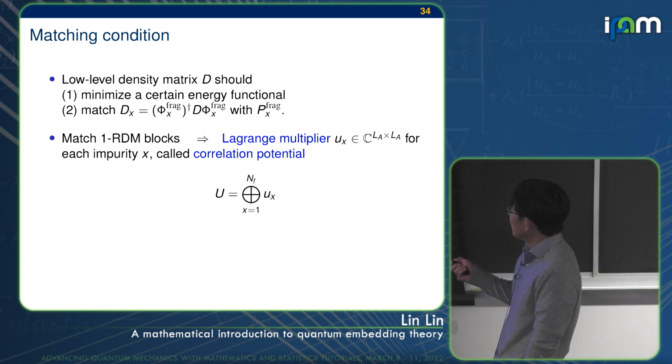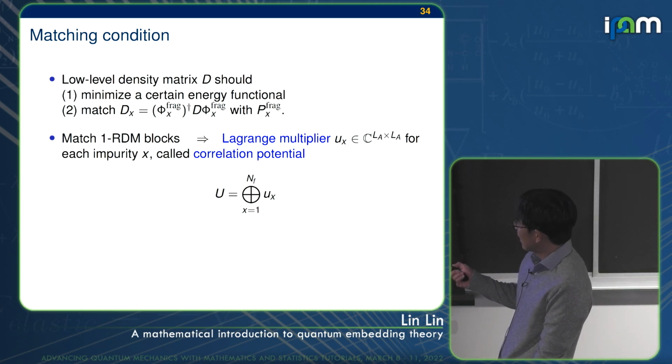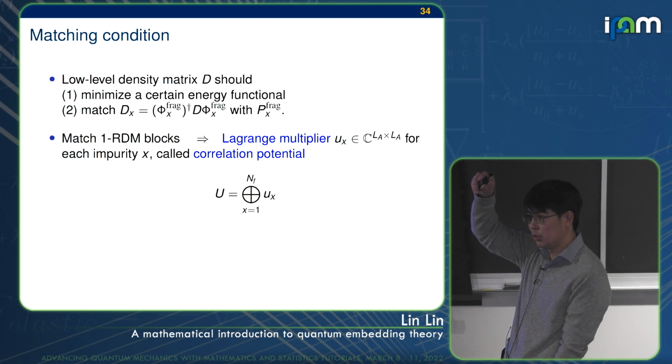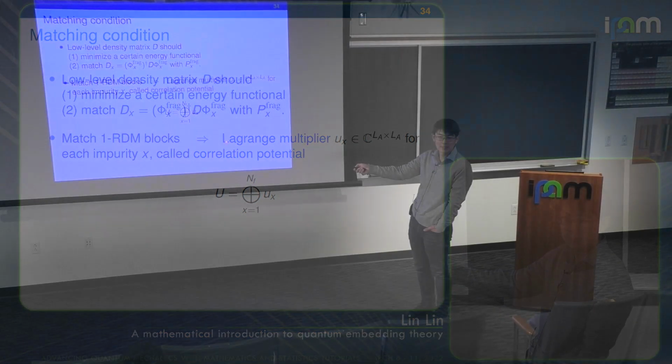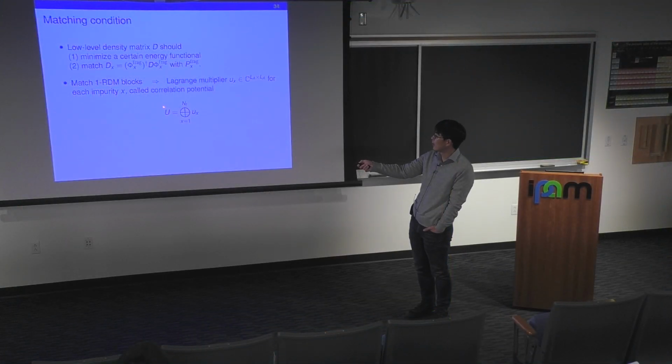It means that I want to stitch together a bunch of U's, each of dimension LA by LA. This just means a block diagonal. You have seen before, I get a block diagonal matrix called capital U. And I want to use this capital U to generate my D to match the high-level density matrix.